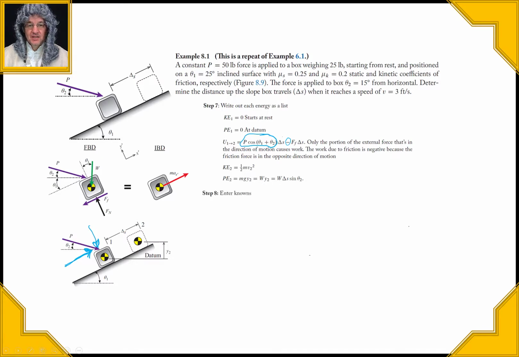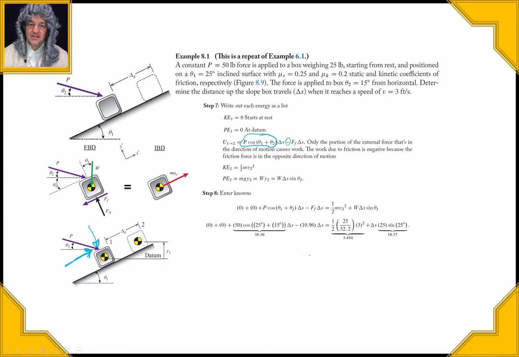So now we enter the knowns into the equation right here. And I think a very important thing that gives us some insight into what's happening in the problem is to figure out the magnitudes of each of these parts.